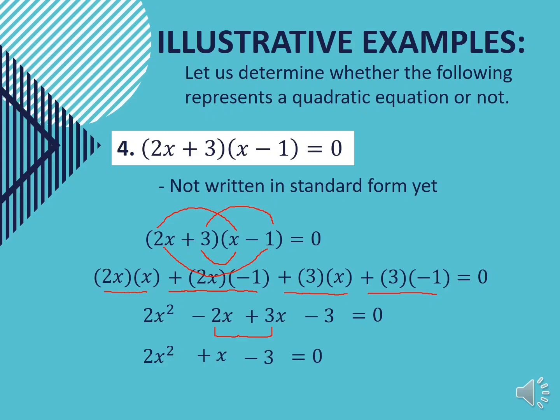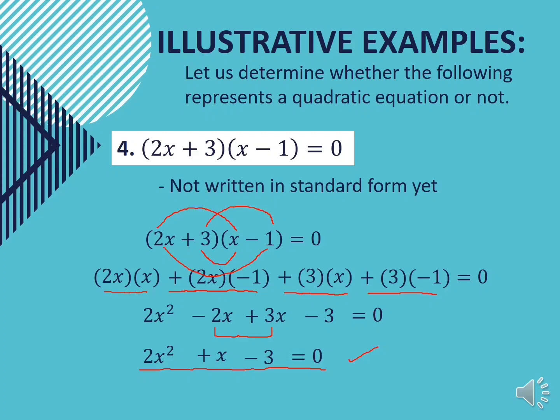Is it already in a standard form? Yes po. We have ax squared plus bx plus c is equal to 0. So, it is in a standard form. Now, ang tanong ko, is it a quadratic equation or not? Very good. So, it is a quadratic equation since ang degree na natin ay 2. See?